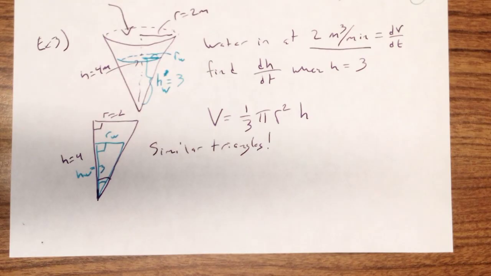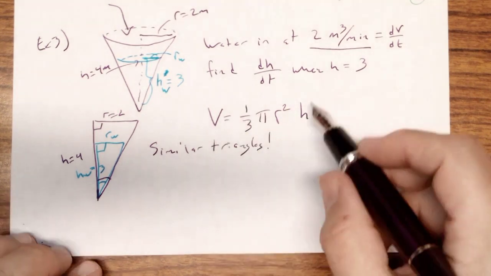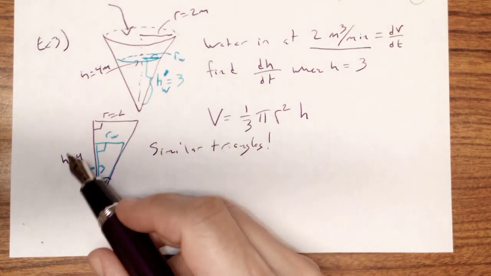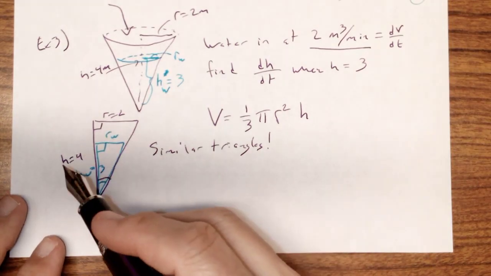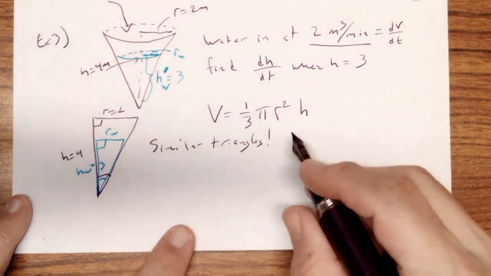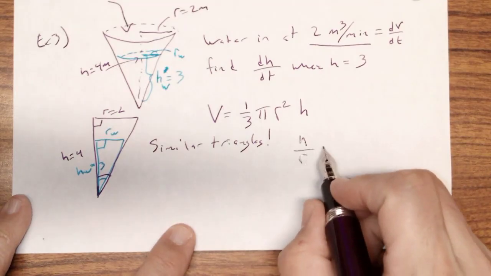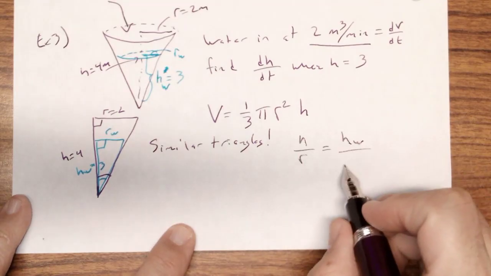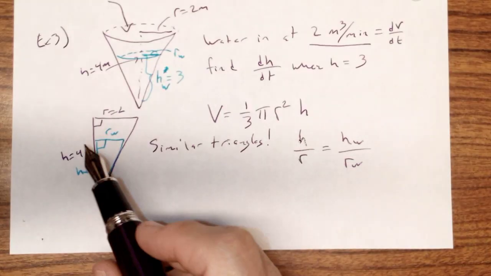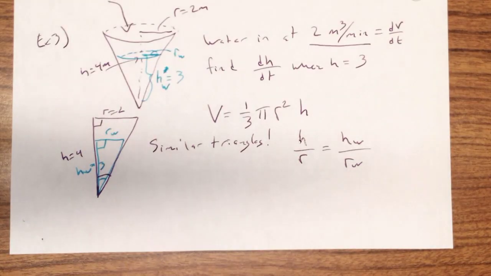So I can use this idea to change between R and H. Which one do you want on top? Oh, H, I hear somebody mutter in my own head. So I would say that H over R is equal to HW over RW. Height versus radius, height versus radius.